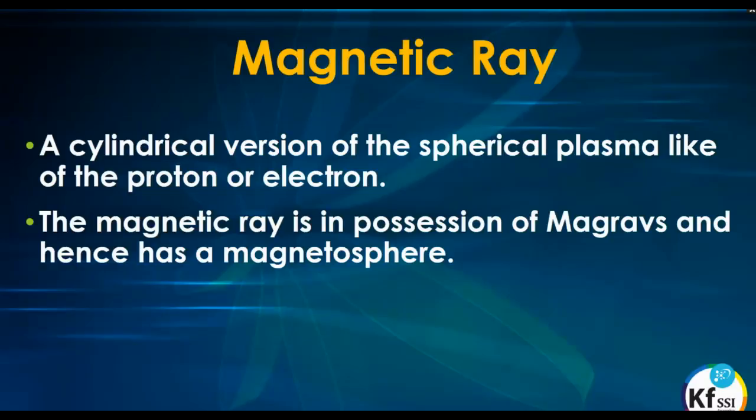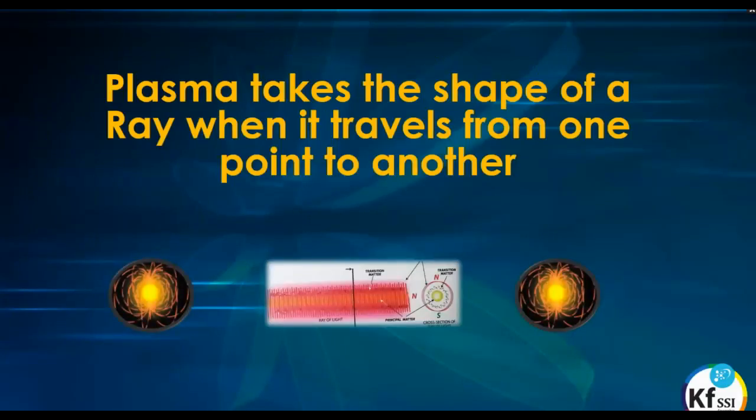So it's only in a cylindrical shape compared to the round plasma. Otherwise, it can essentially be that plasma, but it's the plasma in motion, which is what we call the magnetic ray. And the plasma takes the shape of a ray when it travels from one point to another.